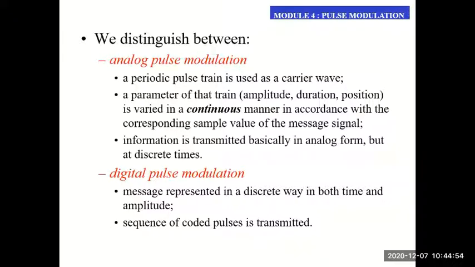So a sequence of coded pulses will be transmitted in this technique, and that is called digital pulse modulation. This is complete digital modulation, where the signal has been completely digitized in both x and y axis, amplitude and time. But in analog pulse modulation, the amplitude is still continuous, only the x axis or time is discrete.